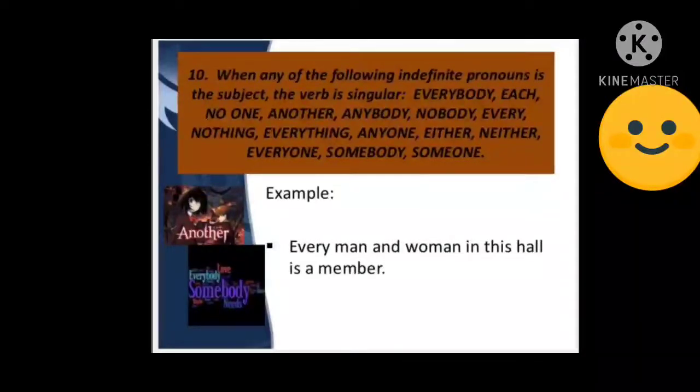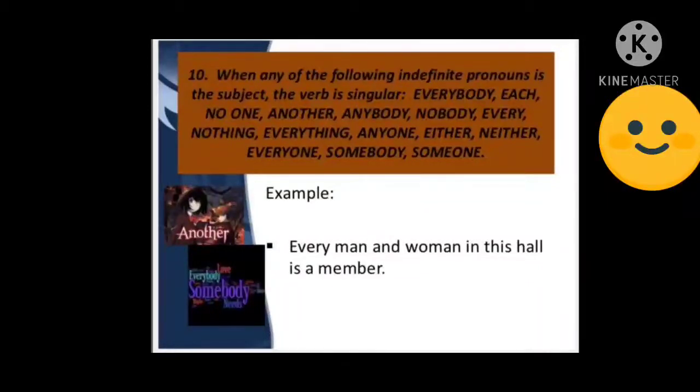Every man and woman, every man and woman. So, here man and woman, two are there connected by and, but they begin with every, an indefinite pronoun, okay. Then we go with singular. Every man and woman in this hall is a member, we cannot write are, because you must remember this rule.